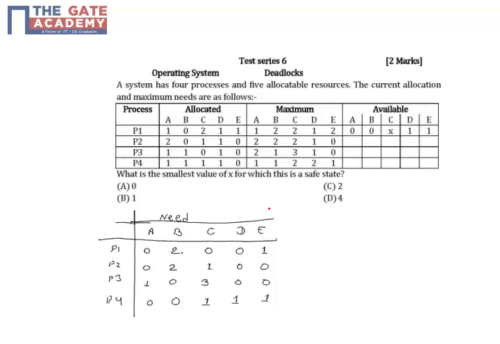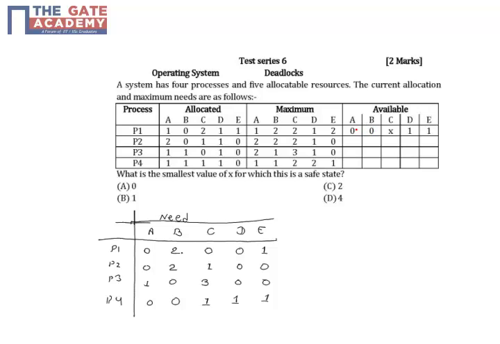So this is the need matrix, and if we look at our available matrix, you can understand that A is 0 and B is 0. That means there is no instance of A and B available.